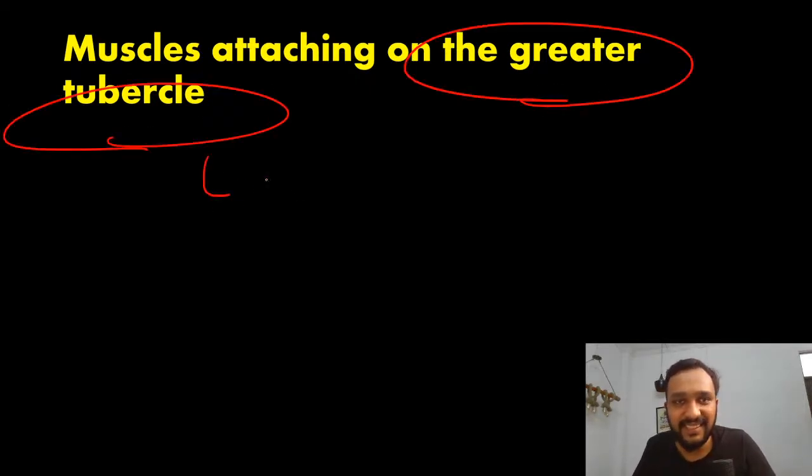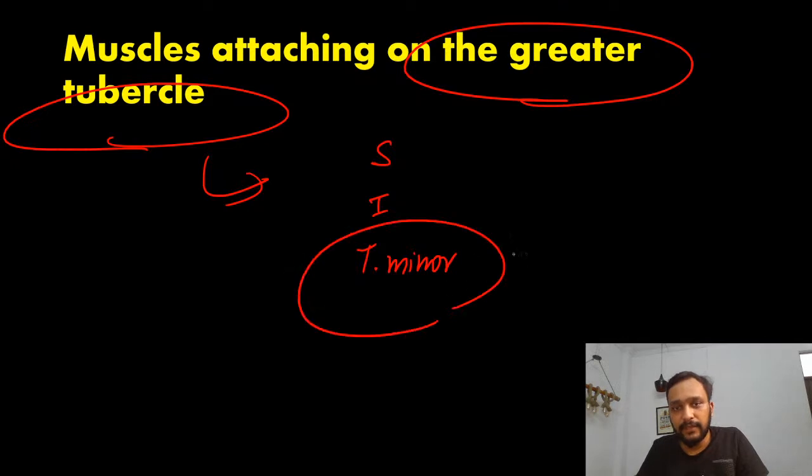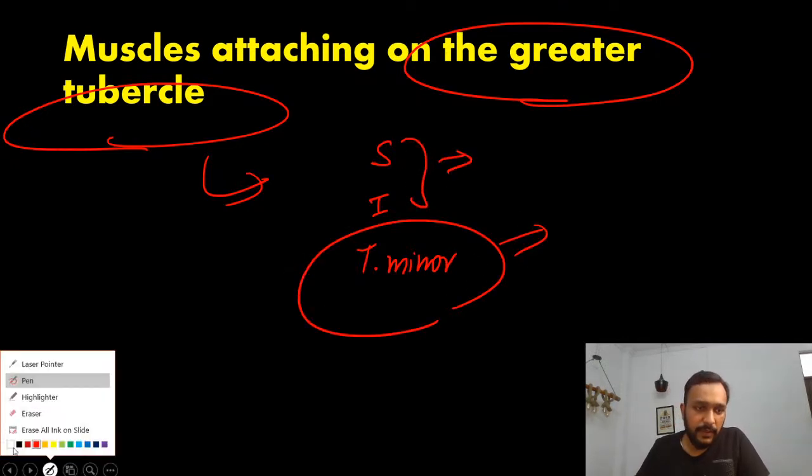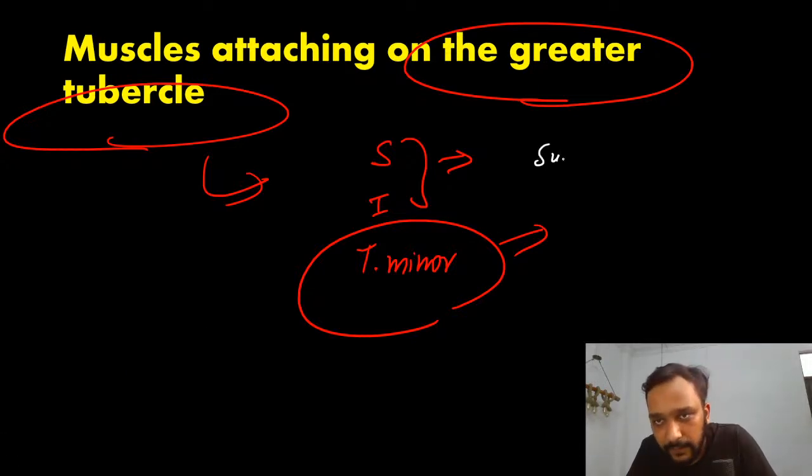Muscles attaching onto the greater tubercle include your supraspinatus, infraspinatus, and teres minor. Supraspinatus and infraspinatus are supplied by the suprascapular nerve.